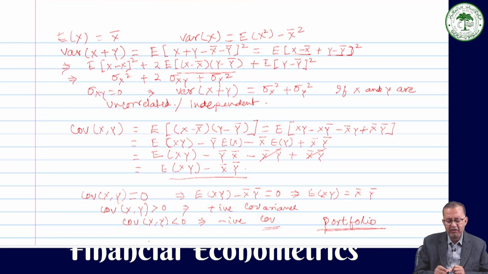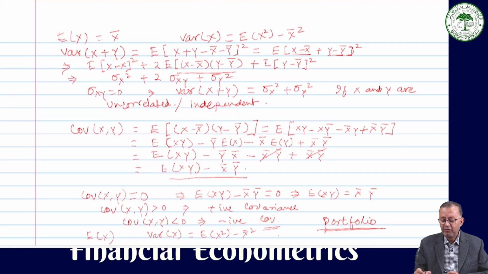What is this? The mean value we denote by the expected value of x. The variability we denote by the variance of x, which is equal to the expected value of x square minus x bar square.